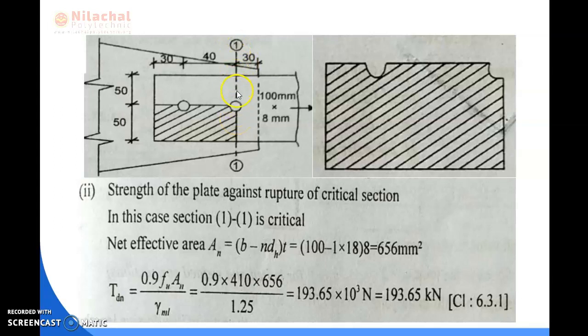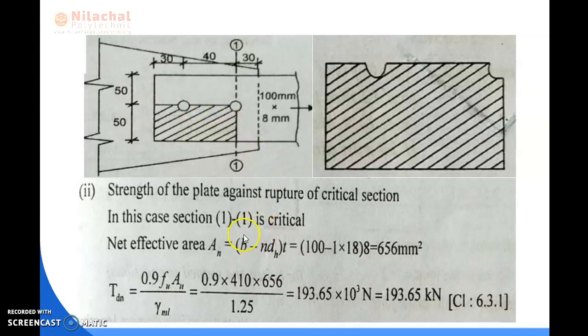If we draw a section along the vertical axis, we get one bolt along each vertical axis. If we cut in this direction, only one bolt is there. Similarly, if we cut here, also one bolt is there. That means the number of bolts in each critical section will be 1.